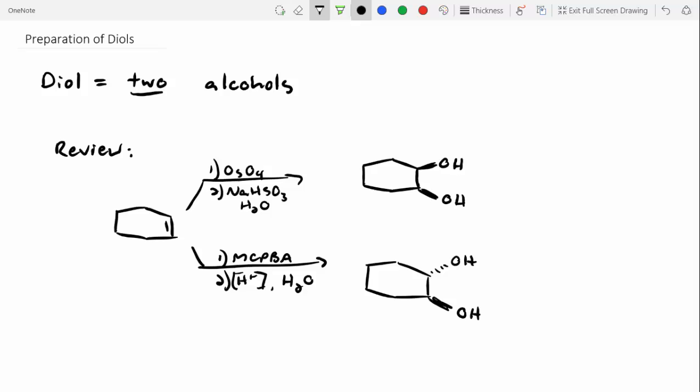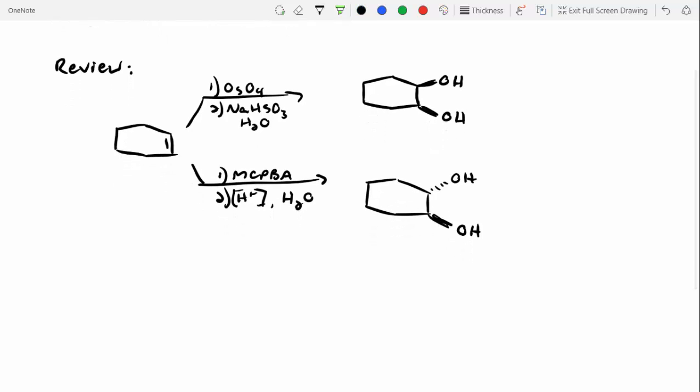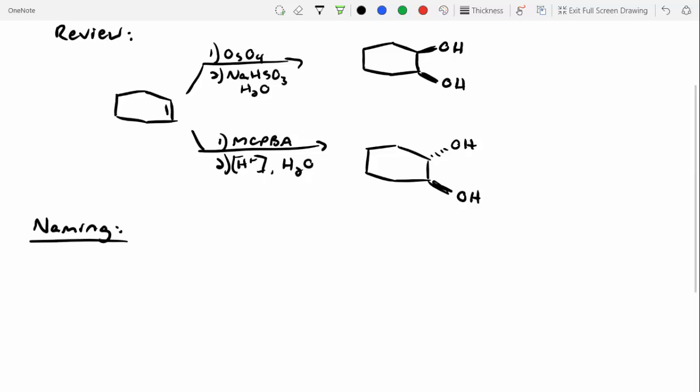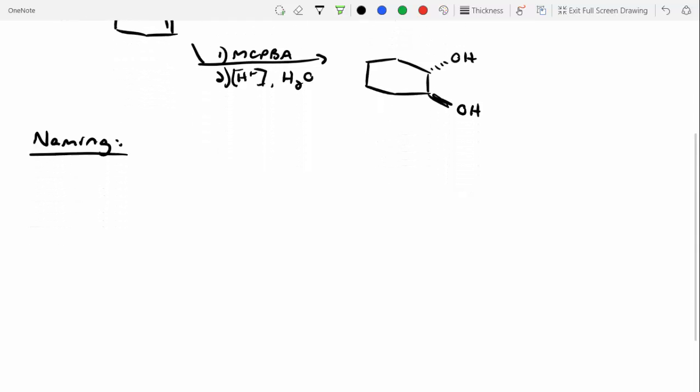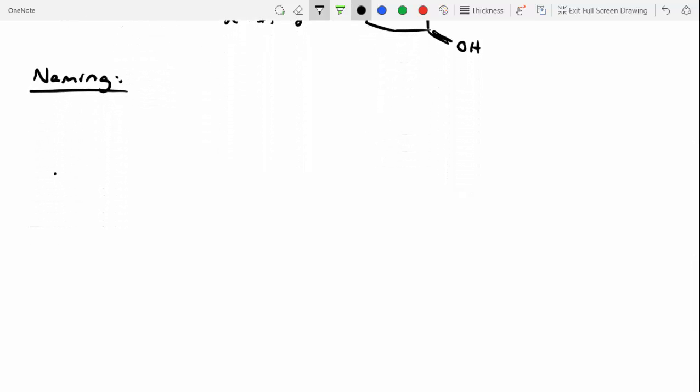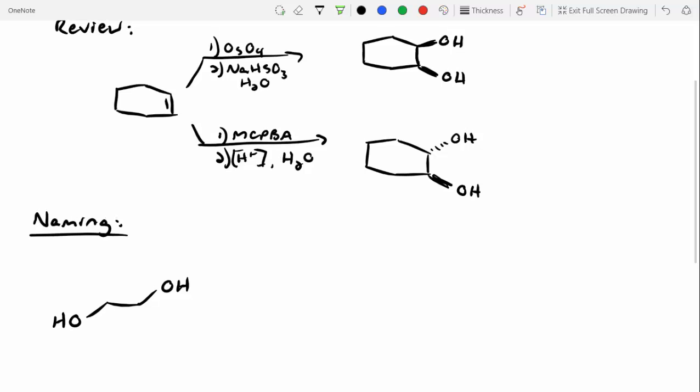So we already know a couple different ways to make these. But one thing I did want to get back to was naming for these. There's a couple different ways to name diols. I'm only going to briefly touch upon this. And we're going to use one of the most common diols. This diol is coming off of a 2-carbon chain.